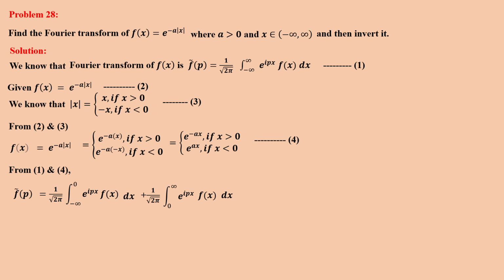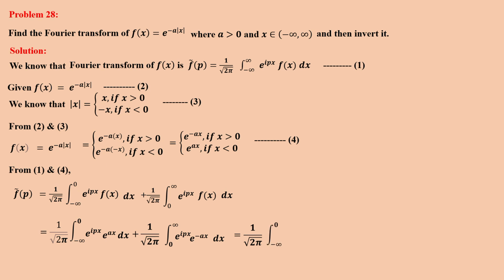Now we substitute the values according to equation 4: 1 by root 2 pi integral from minus infinity to 0 of e^(ipx) e^(ax) dx plus 1 by root 2 pi integral from 0 to infinity of e^(ipx) e^(-ax) dx.